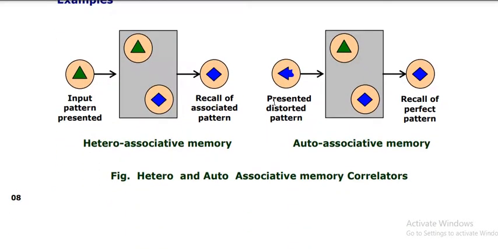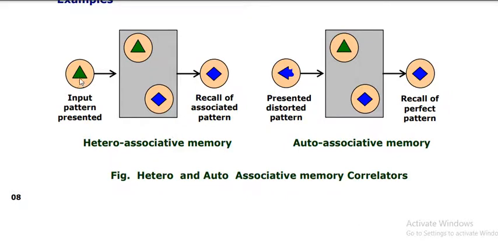From this figure we can see that in the hetero-associative memory we are giving an input like a triangle. In the memory, a triangle and a diamond shape are stored. So what will be the output in hetero-associative memory?